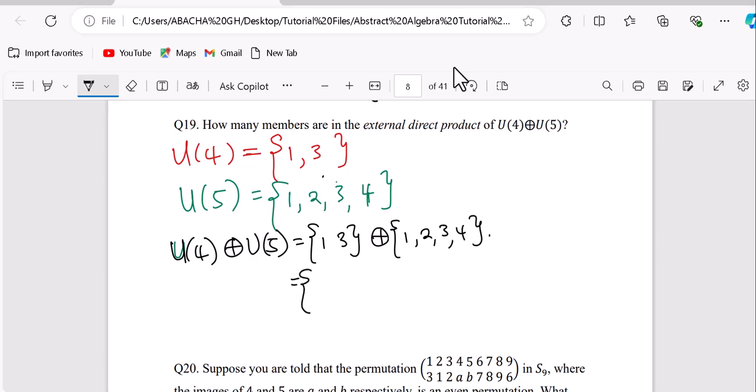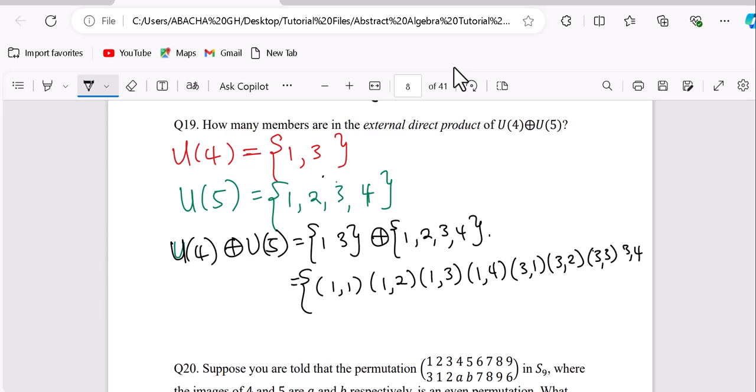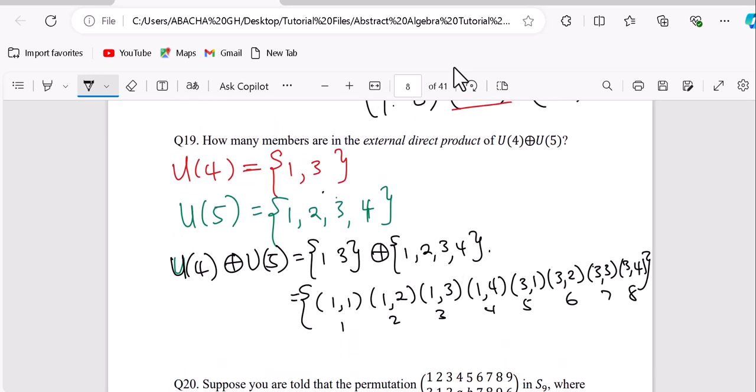Writing the compositions, we have (1,1), (1,2), (1,3), (1,4), then (3,1), (3,2), (3,3), and (3,4). So these are the elements: 1, 2, 3, 4, 5, 6, 7, 8. There are 8 elements in the external direct product.